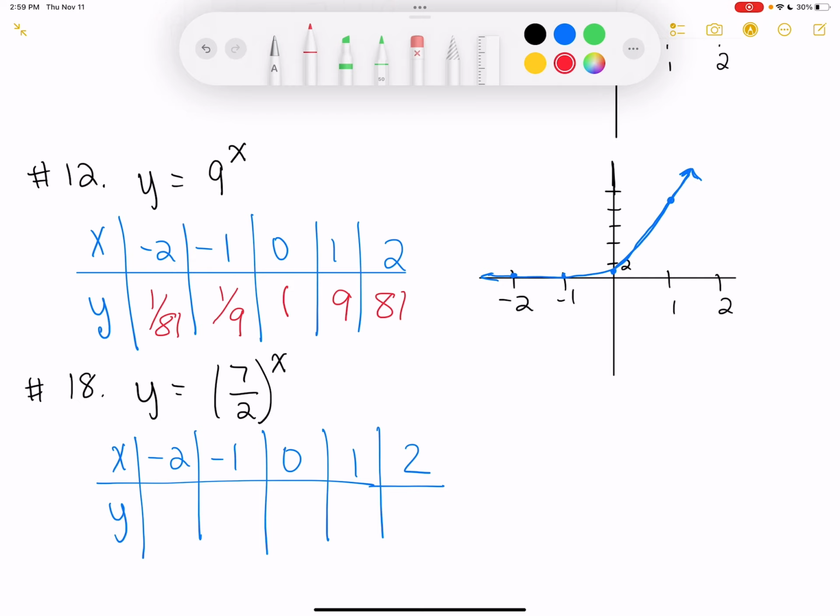All right, so raised to the 0 is what? Okay, 1. Raised to the 1, still 7/2. Raised to the 2, 49/4.